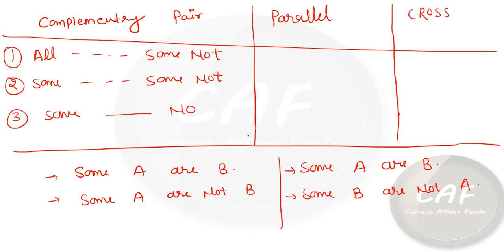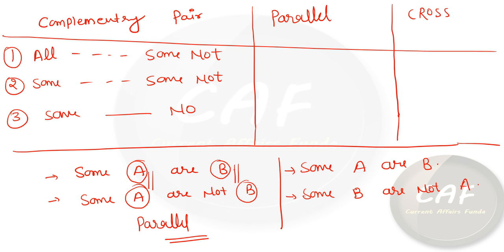Now I'm going to show you what parallel and cross lines mean. This is your subject and this is your predicate. This is your subject and this is your predicate. These are in parallel lines, just below the subject. So this is called parallel.